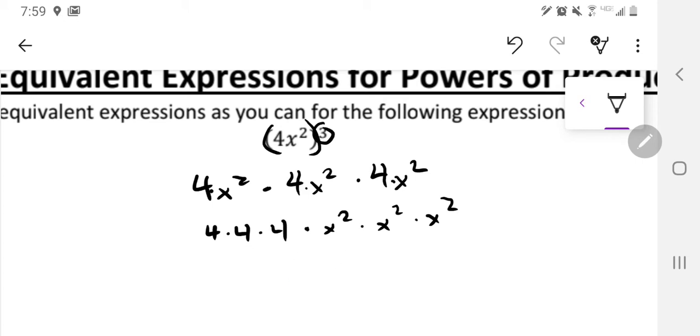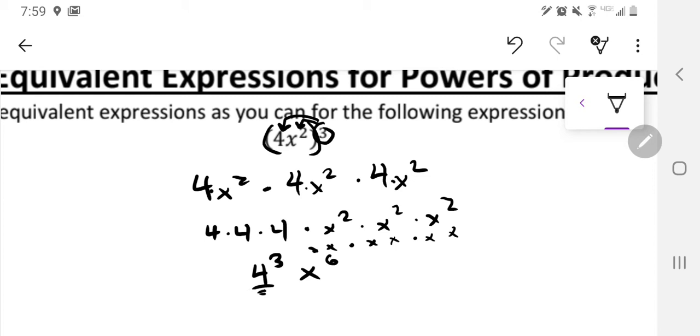And so basically that 3 makes us have 4 three times, right? 4 to the third. And it makes us have 3 groups of 2 x's, right? Because there's 2 x's here, 2 x's here, 2 x's here. And so how many x's would that be in all? Right? 3 groups of 2. So we get x to the 6th.